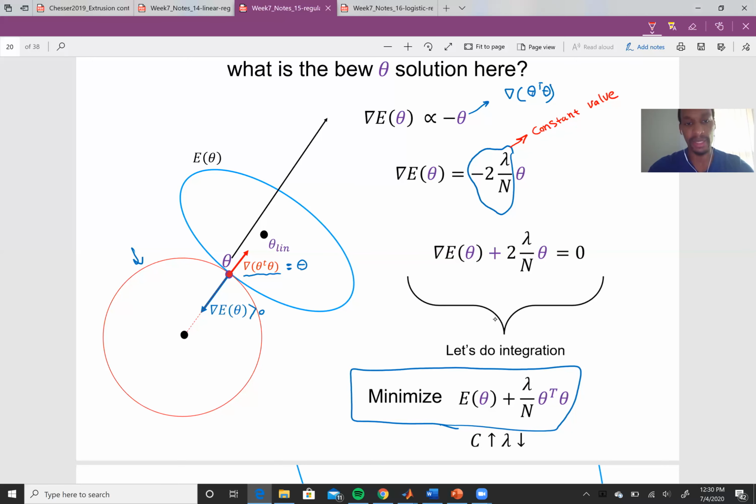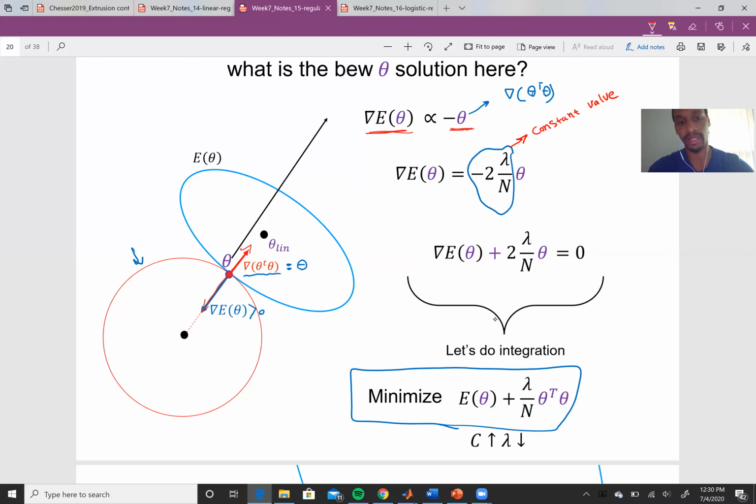Something else that's also happening at this point is that the gradient is always perpendicular to the surface, so there has to be a perpendicular gradient to the E surface and a perpendicular gradient to the circular surface. And so we can tell that the gradient of E is proportional to the negative gradient of the constraint.